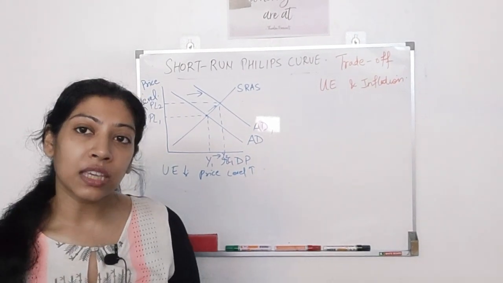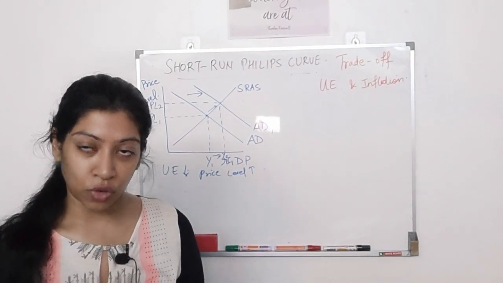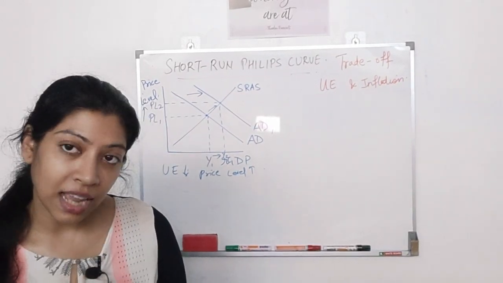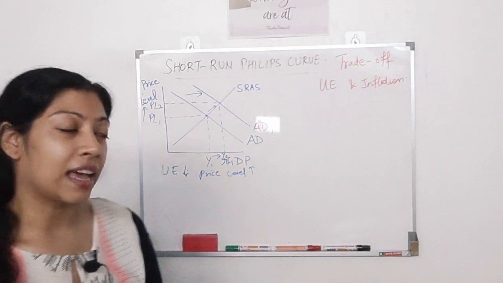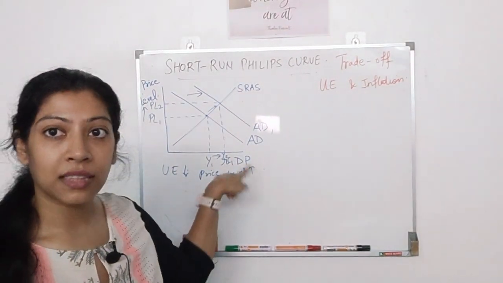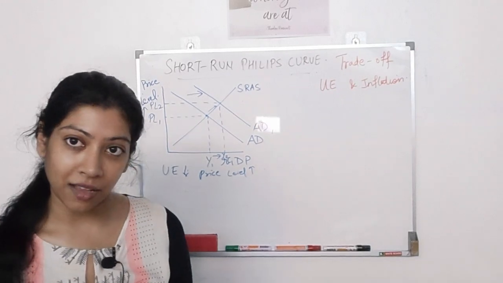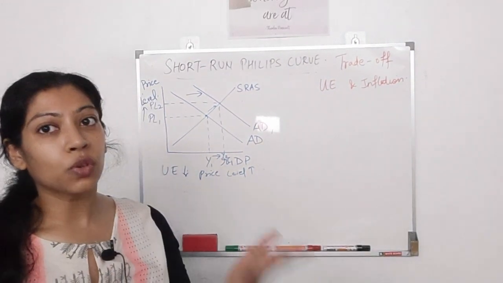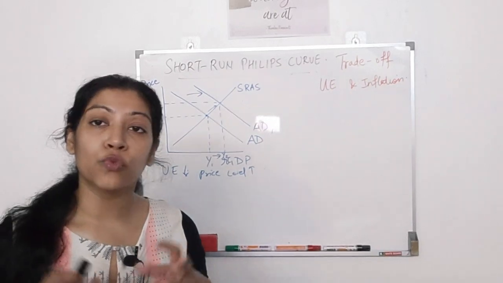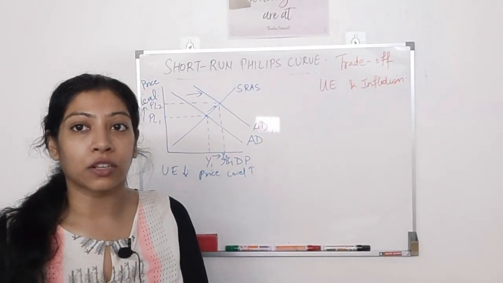But what if we want to show that trade-off by graphing the unemployment rate and inflation rate rather than price level and real GDP? That's where the short-run Phillips curve comes in handy, because it's a good way of showing this trade-off visually. It's just a visual representation of that trade-off.